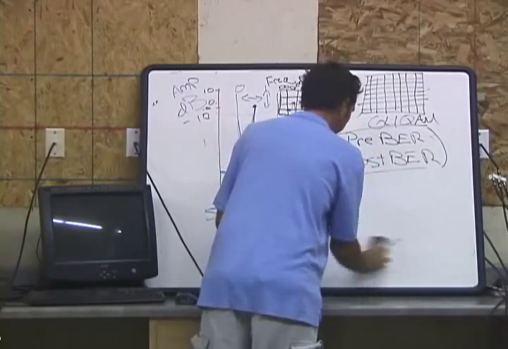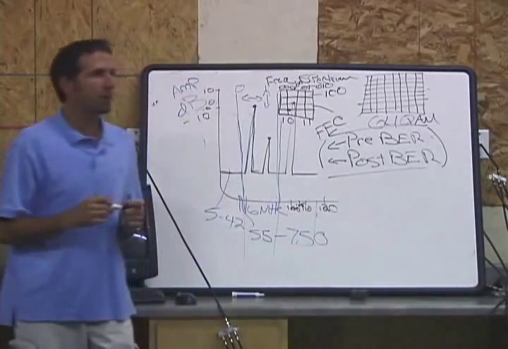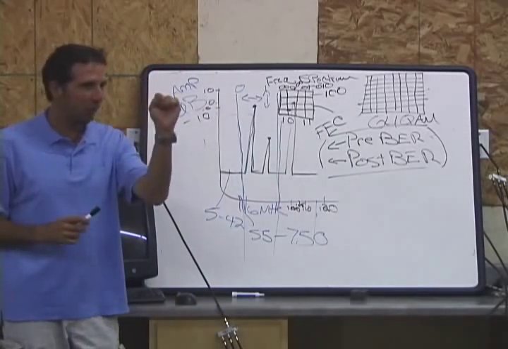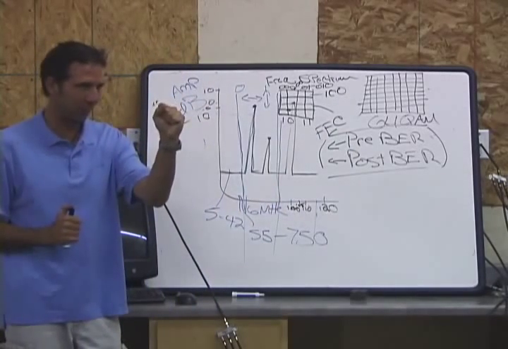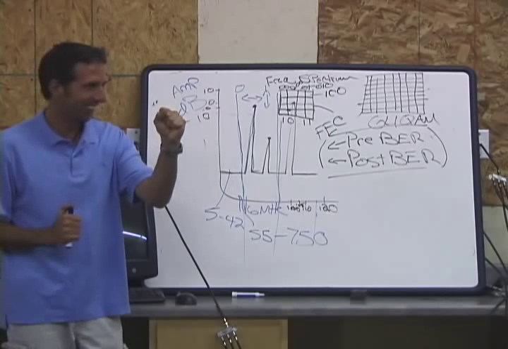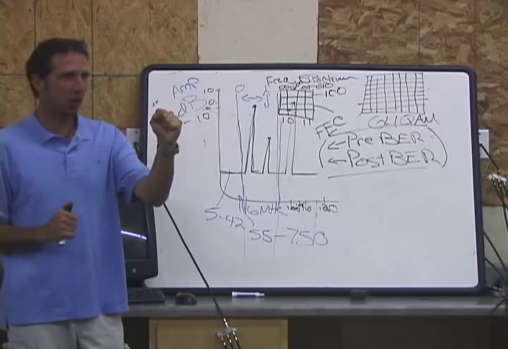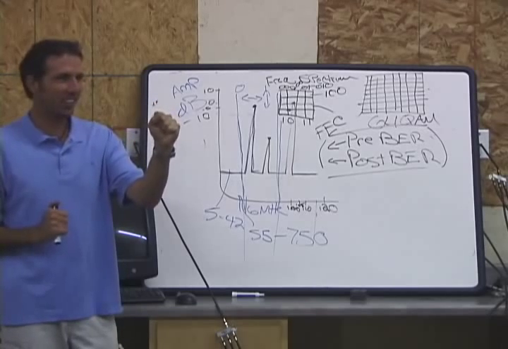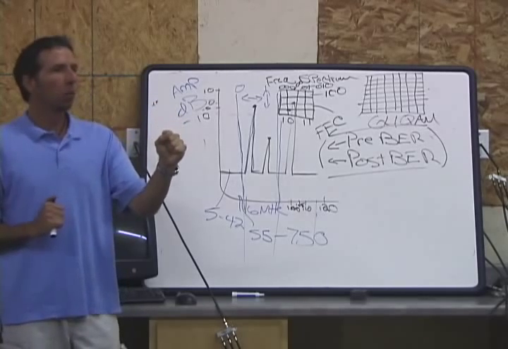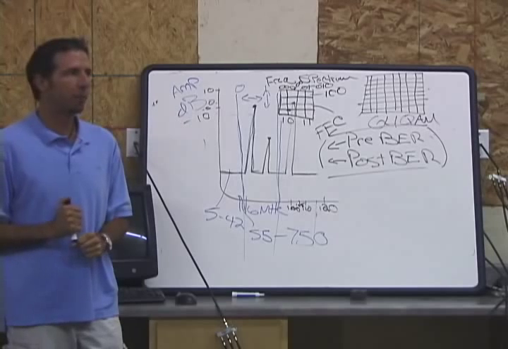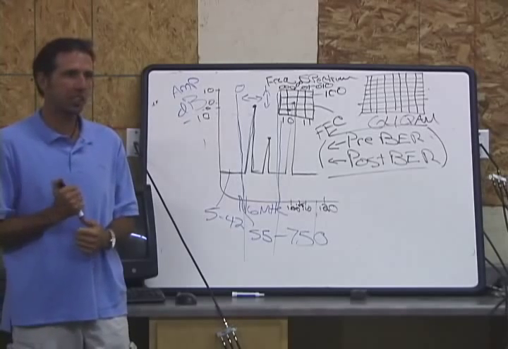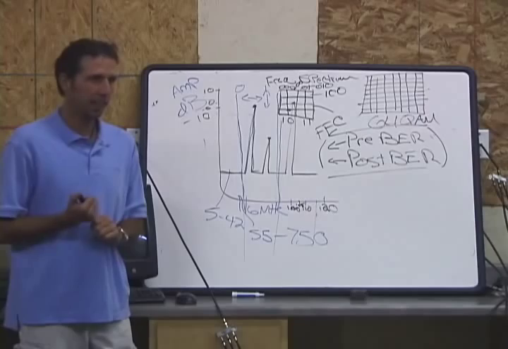Which one would you have to be more accurate between 64 QAM or 256? 256. Correct. If MER is a measure of how tight you're bouncing in this hole, and the 256 QAM holes are 1/4 the size of the 64 QAM holes, would you guess that you needed to have better MER on 256 than 64 or not? Yes.